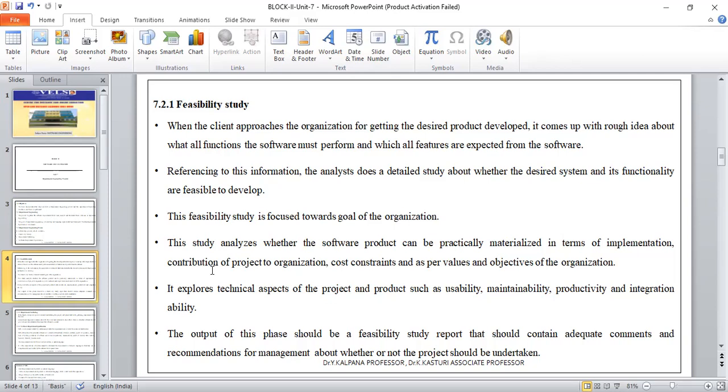Also, it explores technical aspects of the project and product such as usability, maintainability, productivity, and integration ability.